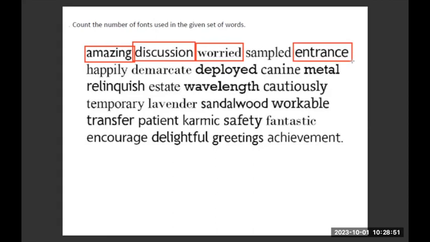I'm also parallelly doing this, okay? The ones which are different, which I'm able to spot easily.